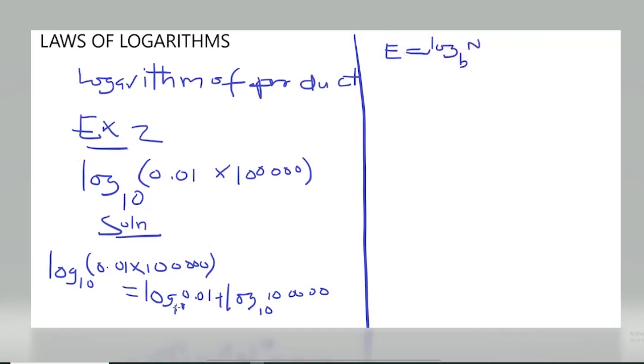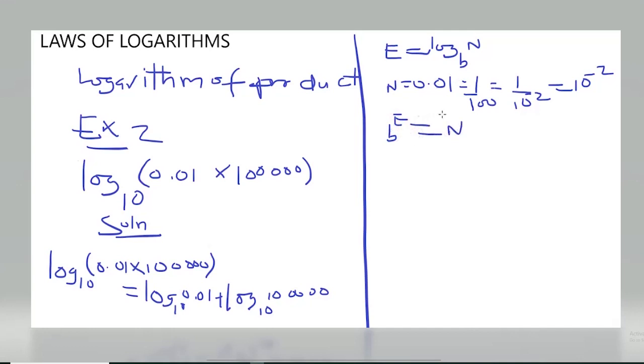From this expression, our number is 0.01, which is equal to 1 over 100. 1 divided by 100 gives 0.01, which is equal to 1 over 10 squared, which is equal to 10 power negative 2. We know that base to the power exponent is always equal to the number.